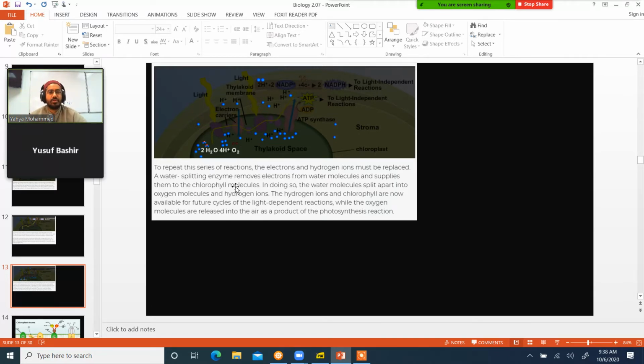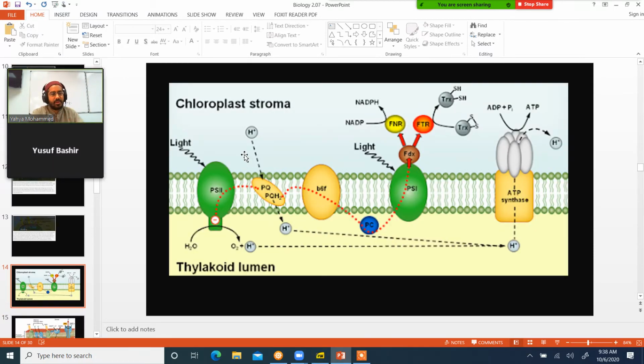So you remember all those hydrogens rushing back? They came from water. But what else is in water? The oxygen. So oxygen is what's left over, so it kind of floats away and goes off. All right, so let's take a look at a little bit more of a clearer picture.